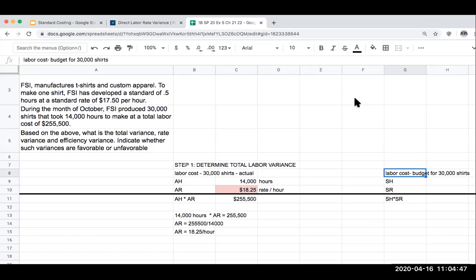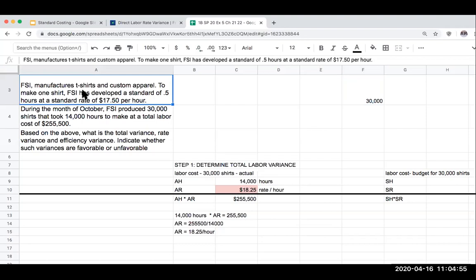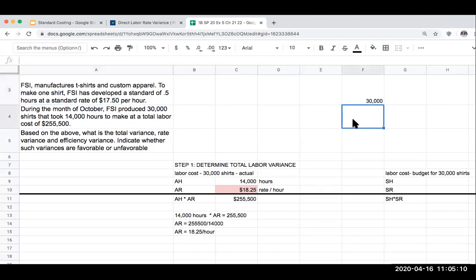Let's take a look. I manufacture t-shirts and custom apparel. To make one shirt, I've developed a standard of 0.5 direct labor hours at a standard rate of $70.50 per hour.